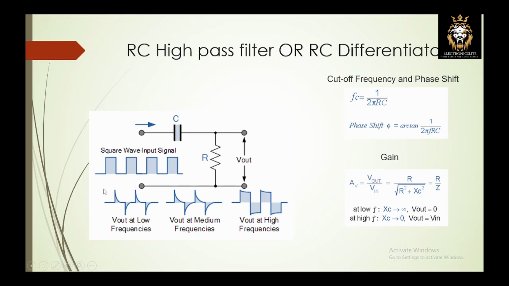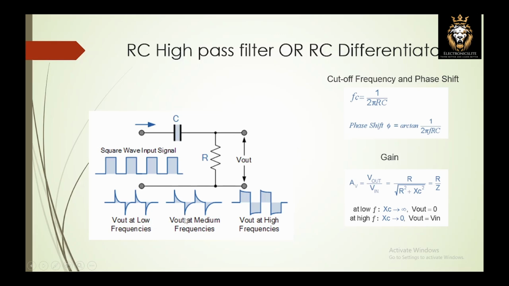So in this case, we apply the input square waveform from the function generator. That waveform is converted into a spike waveform because we apply a high frequency. First we apply a lower level frequency, we get this spike waveform.